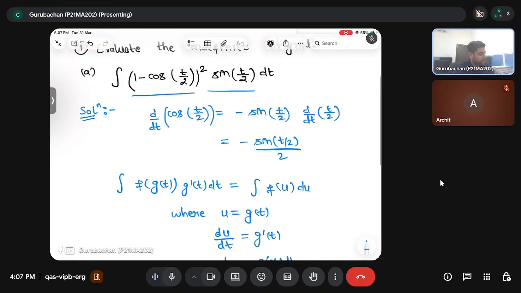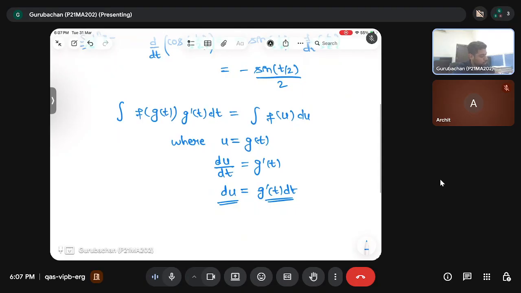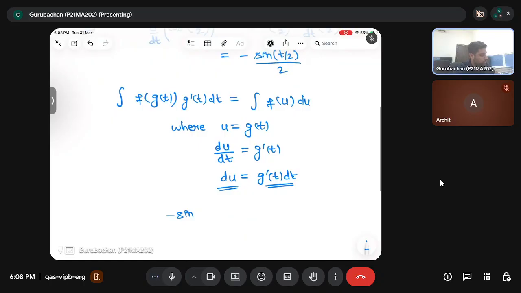So in this particular question, you will substitute cos t by 2 as some u.